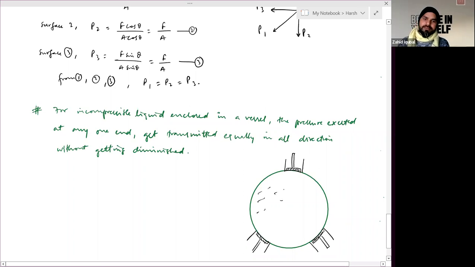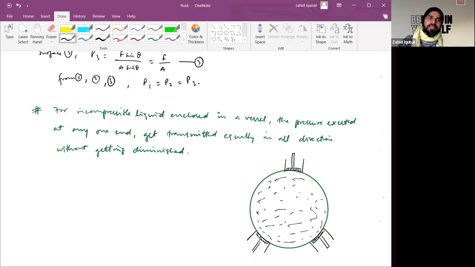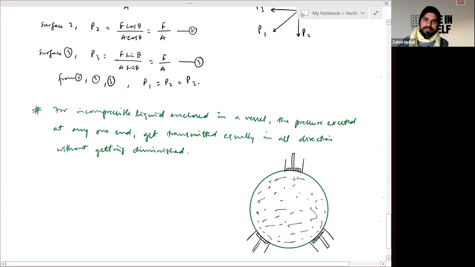If the liquid is incompressible and enclosed in this vessel, and a pressure is exerted at any one end, let's say at this end P1 is acting, then P2 will act at this point and P3 at this point. According to this statement, if the fluid is incompressible and enclosed in a vessel, P1, P2, and P3 must be equal to one another.